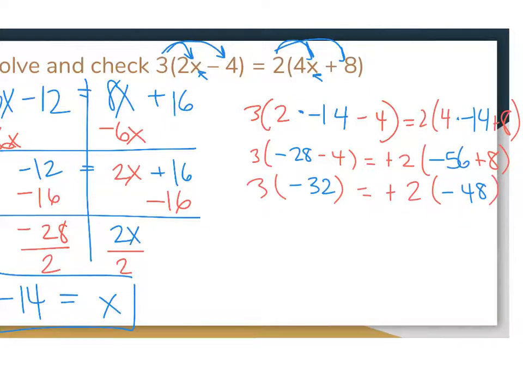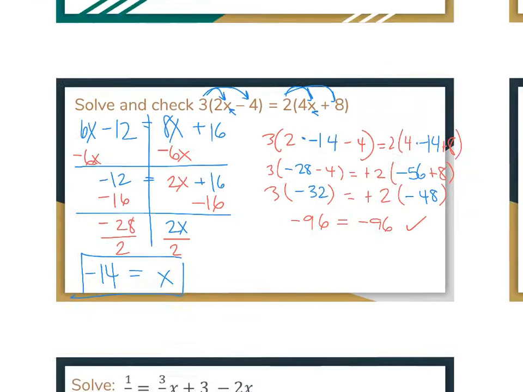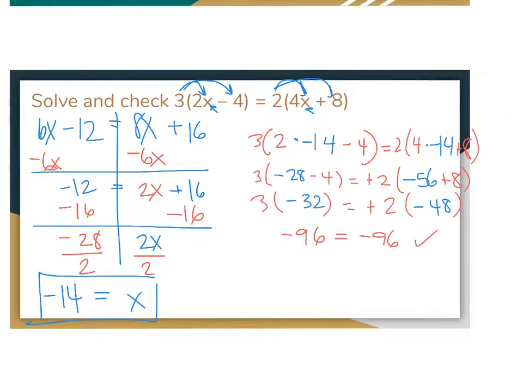So 3 times negative 32 is negative 96. And you're looking for the answers to be the same. So 2 times negative 48 is also negative 96. So if the two numbers equal each other, you know your answer is right. So for this problem, we know our answer is negative 14.